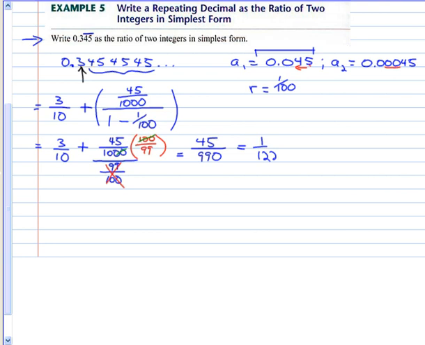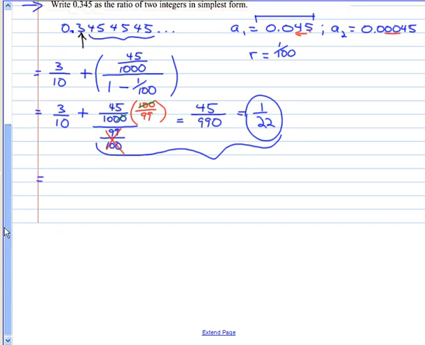Happens to be 1/22, 1 over 22. 45 goes into that, and 990, 22 times. So this part is 1 over 22. So I have 3/10, the non-repeating part, plus my repeating part, which is just 1/22. And if you do 1/22, you should get 0.0454545, etc. That's the fraction that matches the repeating.